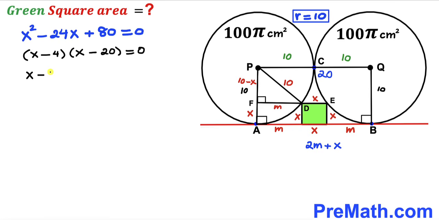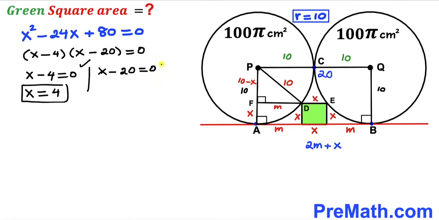So this is going to be x minus 4 equal to 0. The other one is going to be x minus 20 equal to 0. For this first equation, our x value simply turns out to be positive 4 centimeter. And for this second equation, x value turns out to be positive 20 centimeter.